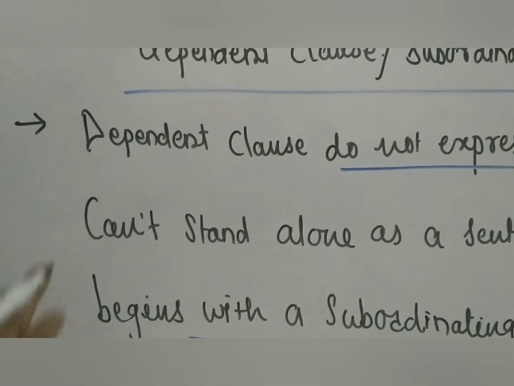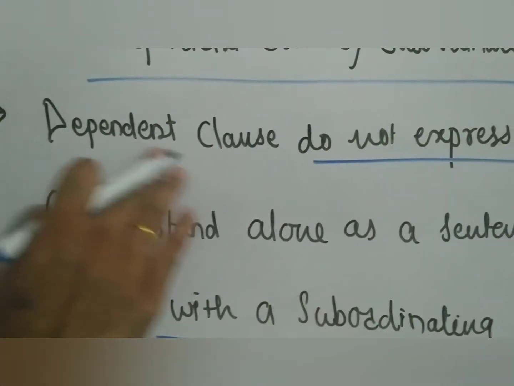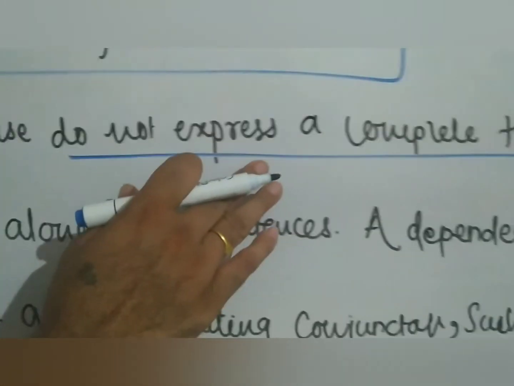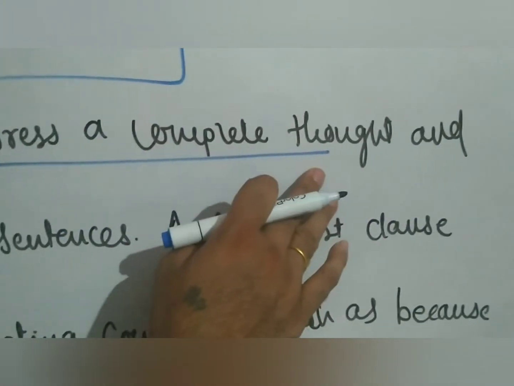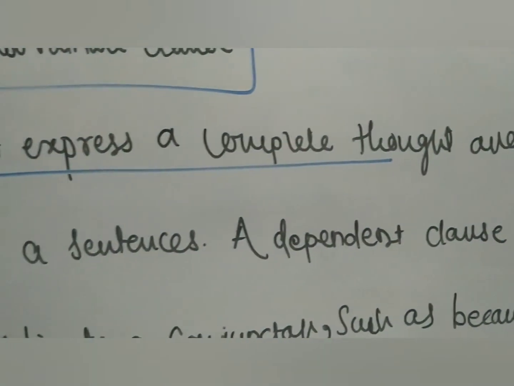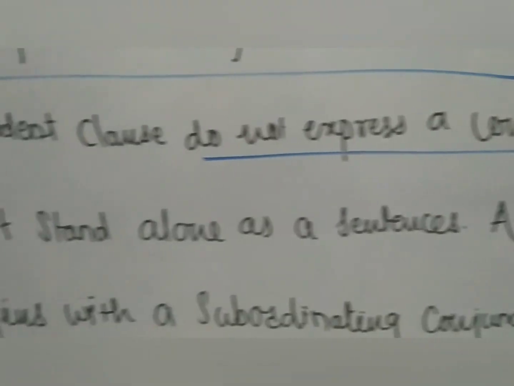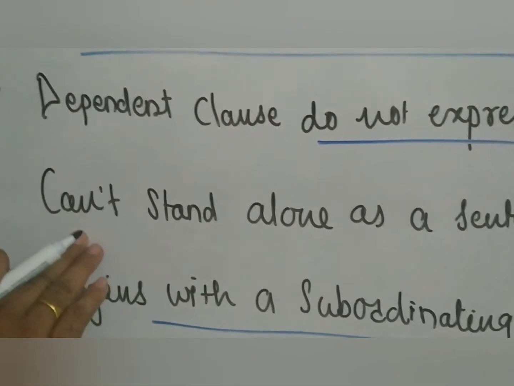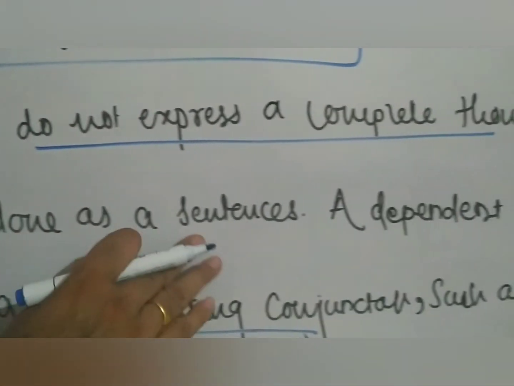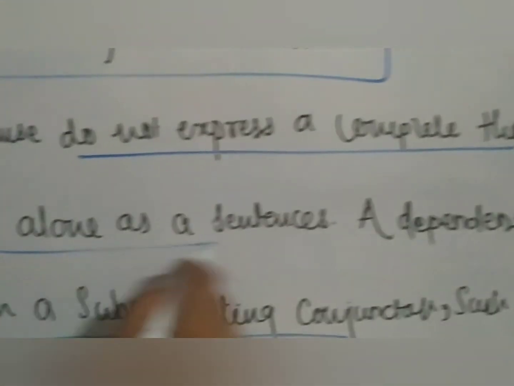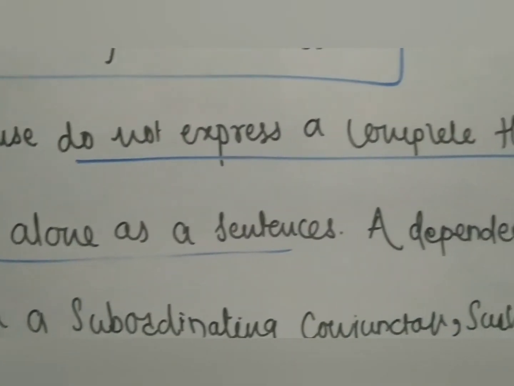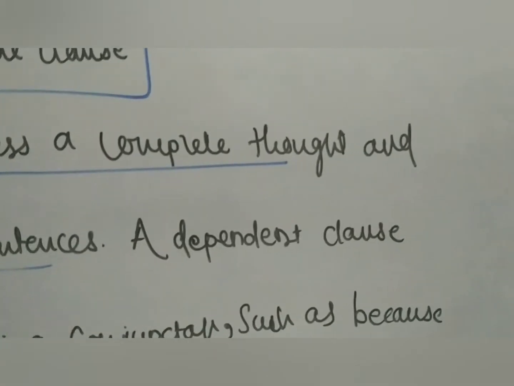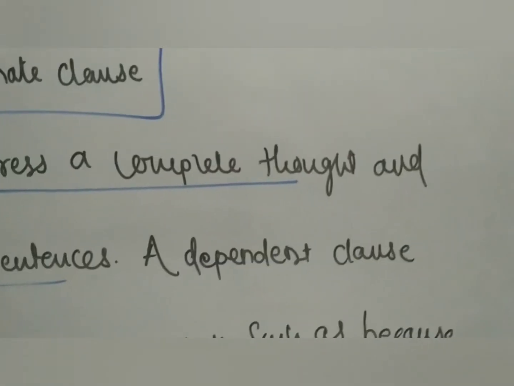Now see, the second piece of information: a dependent clause doesn't express a complete thought. It depends on an independent clause and can't stand alone as a sentence. So it is not a meaningful sentence by itself. It has no meaning itself. It depends on an independent clause.